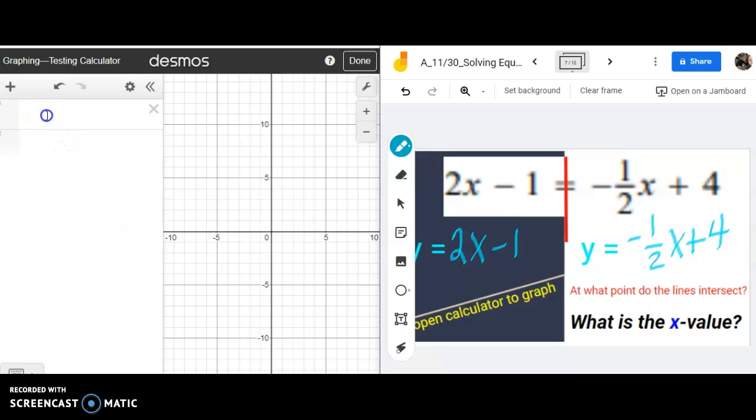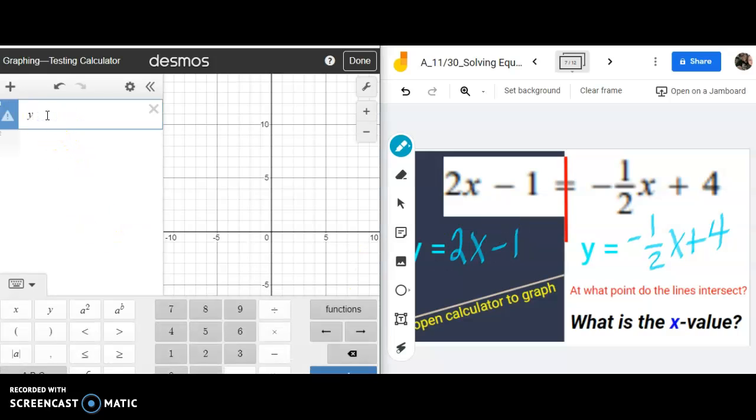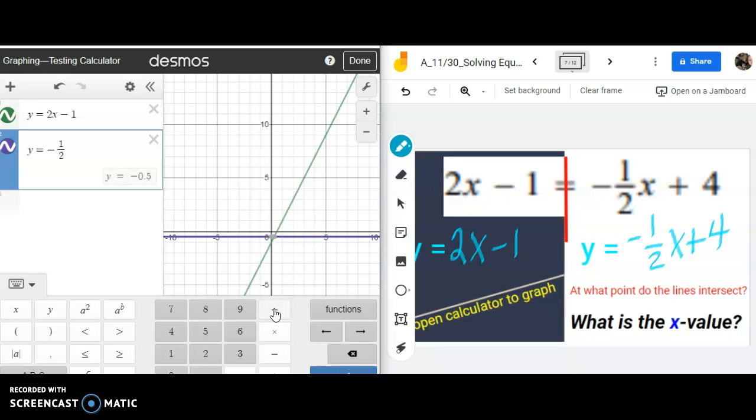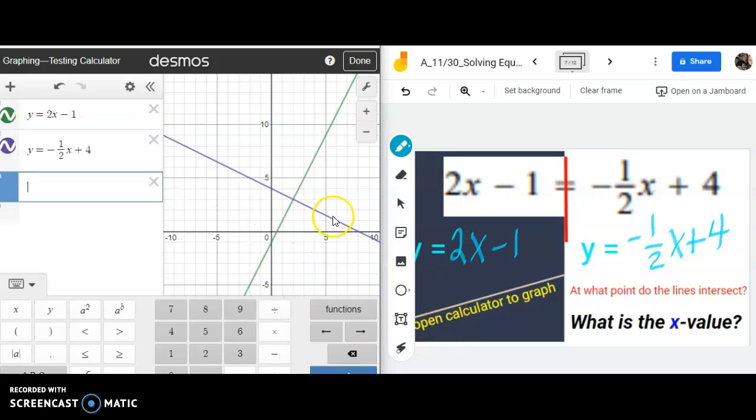Okay, so in Desmos, I'm going to type y equals 2x minus 1. And then I'm going to type y equals, and you can set up the fraction already. Remember, if we have a fraction, I like to put the fraction first. So we do negative. Remember, fraction is just the divide button. 1/2 x plus 4. You hit enter. Okay.